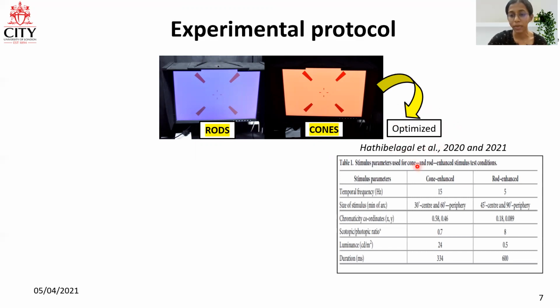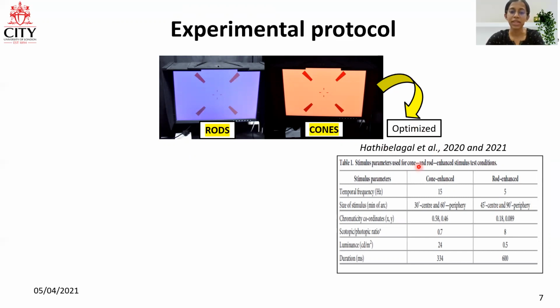What I mean by optimization is that the stimulus parameters that you see over here in the drop down, the temporal frequency, size, chromaticity, scotopic-photopic ratio, etc., have been changed in such a way that it enhances only the cones and only the rods whenever they are tested. This has been validated and published in the past by Hathibelagal et al. in the years 2020 and 2021.